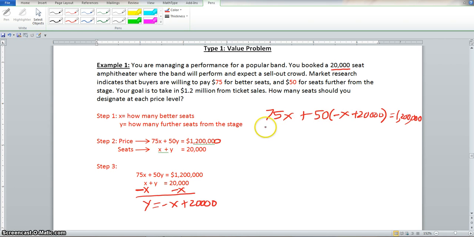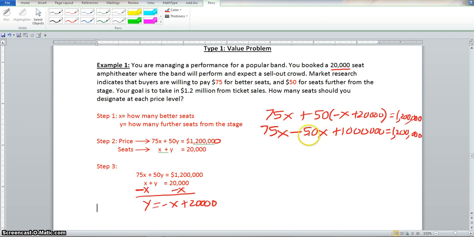Okay, now we will have 75x. 50 times negative x will give us a negative 50x. And then 50 times 20,000 will give us 1 million. And that's equal to 1,200,000.